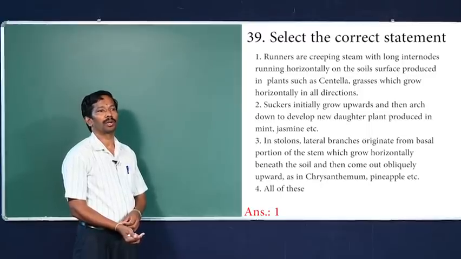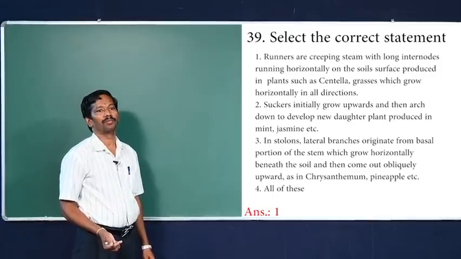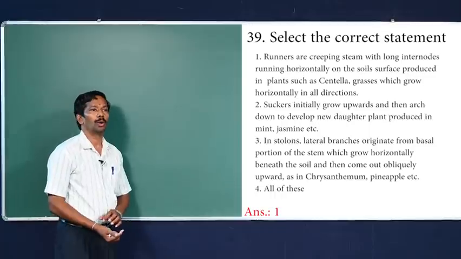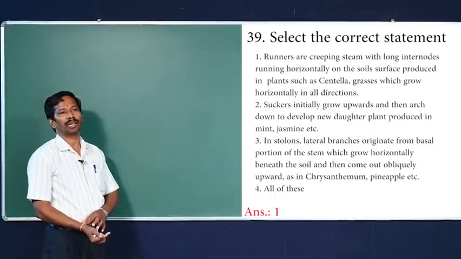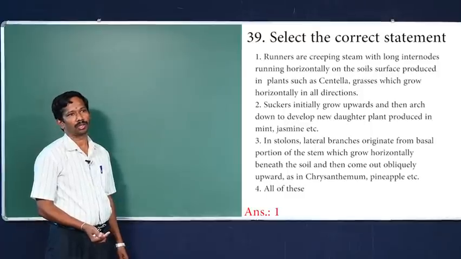Answer should be 1 because suckers and stolons have been given with the exchanged explanation. So option 2 and option 3 are not correct explanation for suckers and stolon. Hence answer 1 correct explanation for 39.